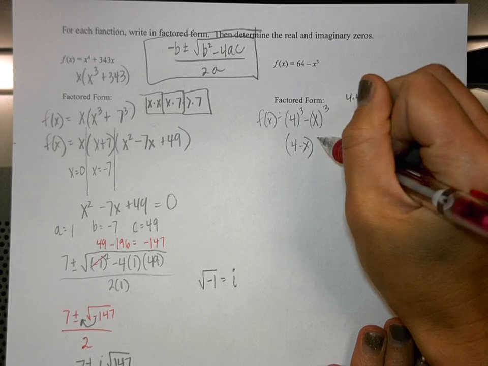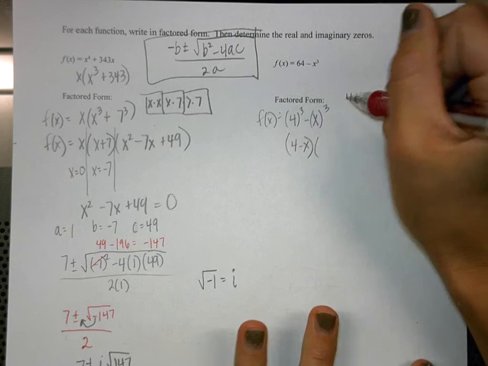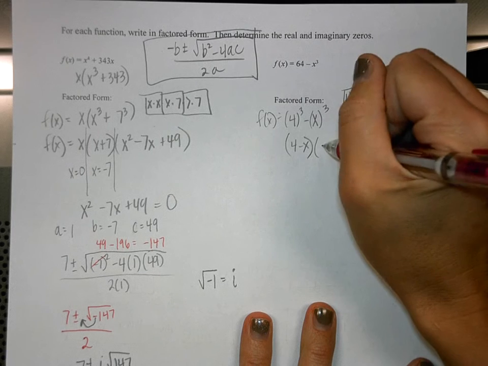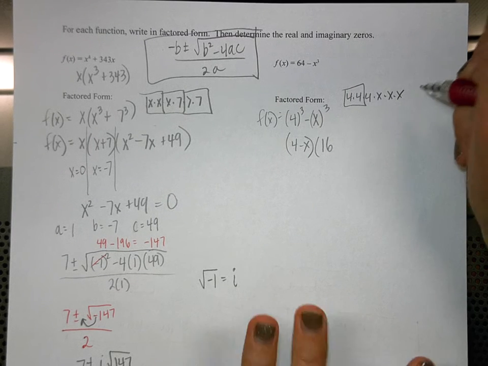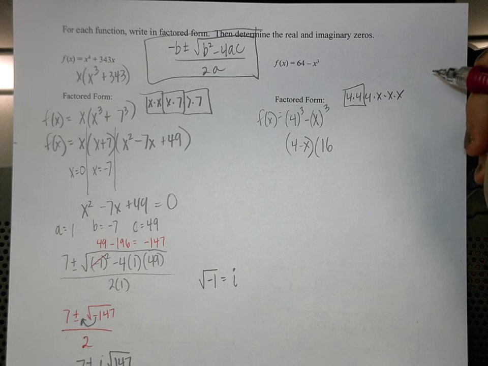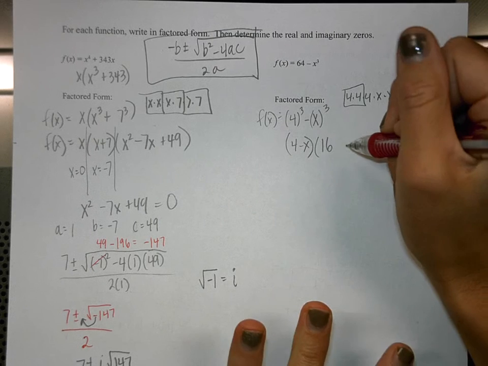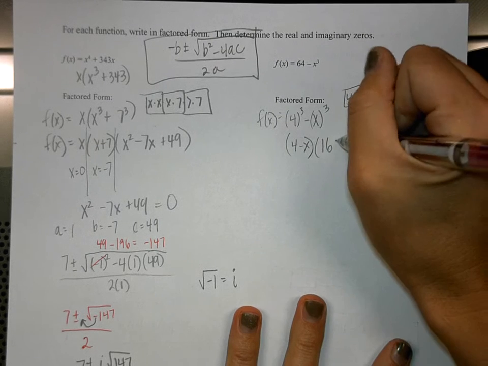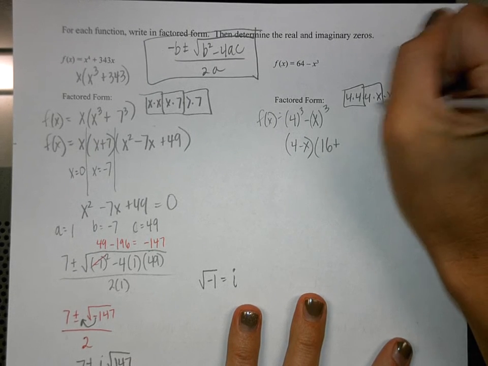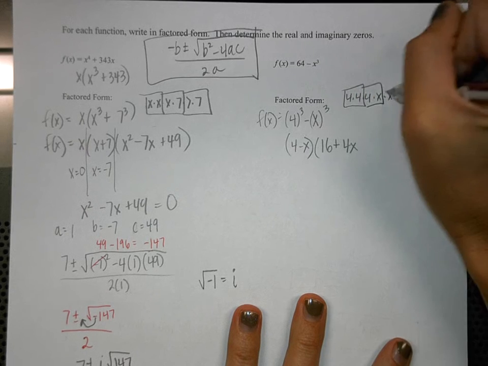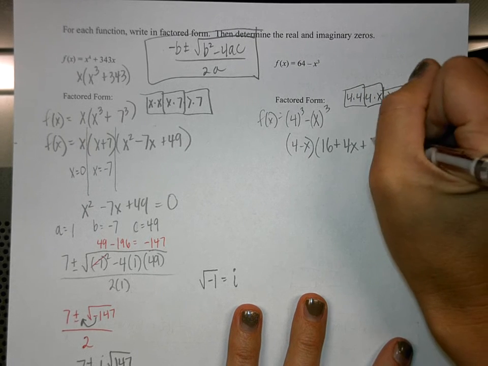So in my second parenthesis, my first term will be 16. And then my next sign will be what? Plus. And then 4 times x is 4x. And then my last term is x squared.